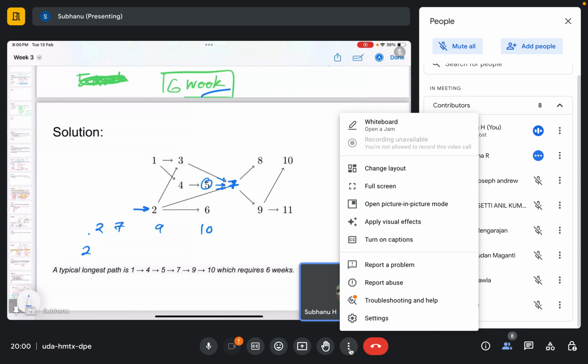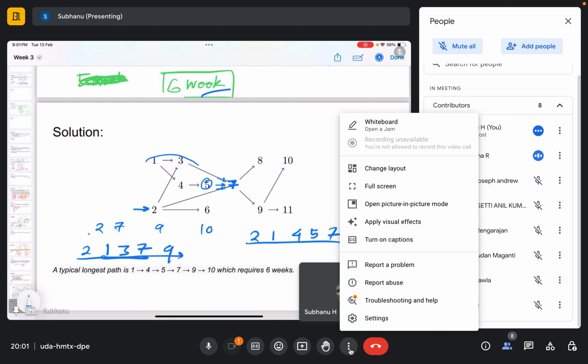So you can come from 2 to 7, because for 7, if you do DFS, before completing 7 you have to come from 1 3 7, then you can come to 9. Or you can come from 2 1 4 5, then 7. So this part you have to follow.